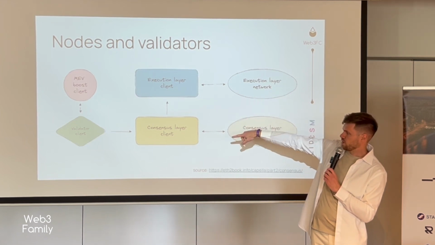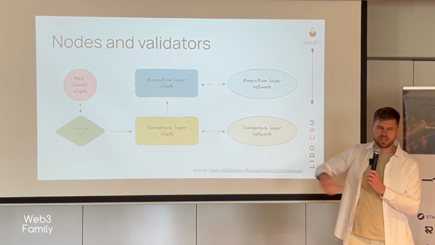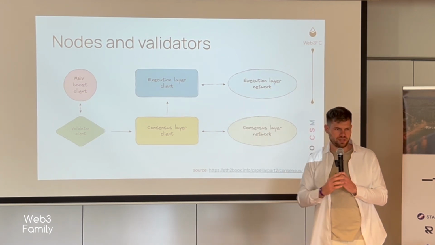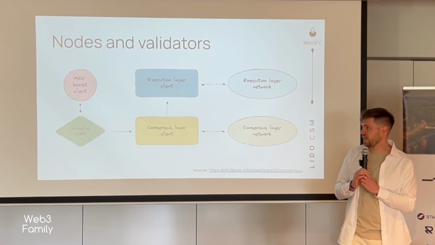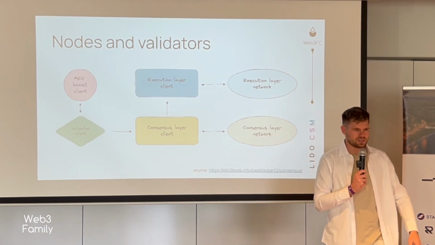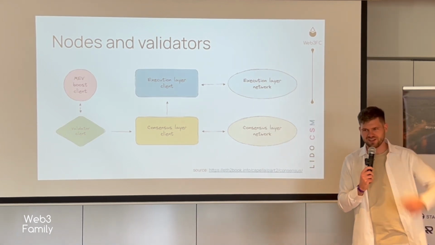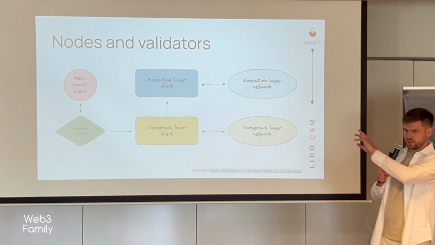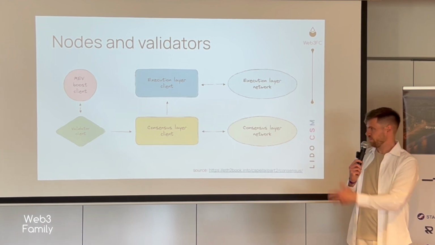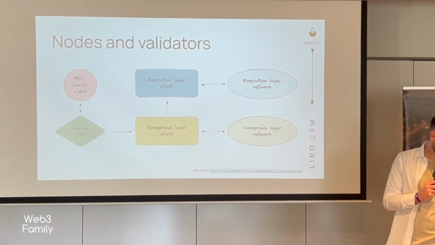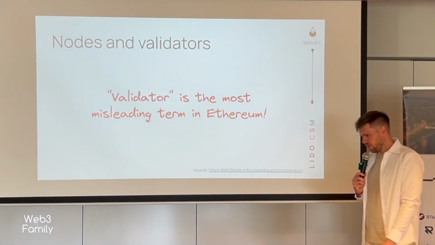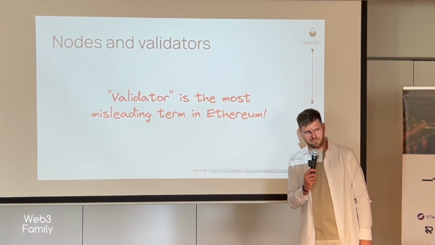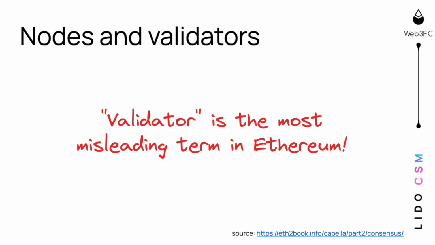And if you want to run a consensus layer node, you need to get it connected to the execution layer. On top of that, you can add a validator client or many validator clients, and the MEV boost software, again a sidecar to the sidecar, if you want. So that's the typical setup. At the end of the day, you need at least three pieces of software, or maybe four, to run an Ethereum validator.